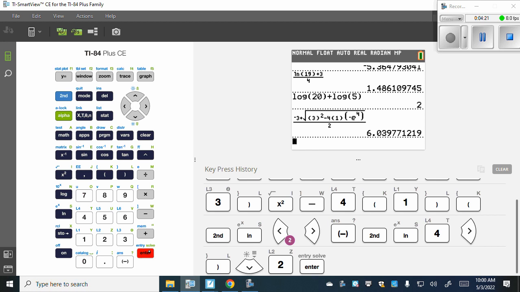And we get 6.0397. If we go 3 decimal places, 6.04.